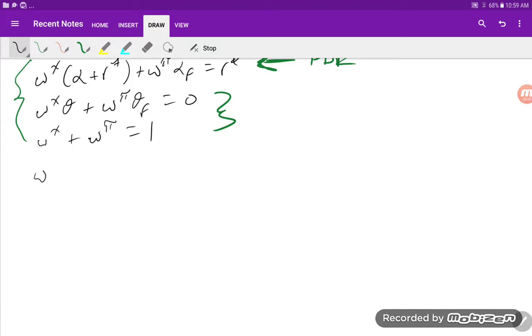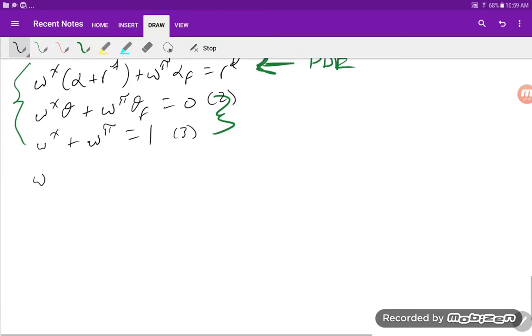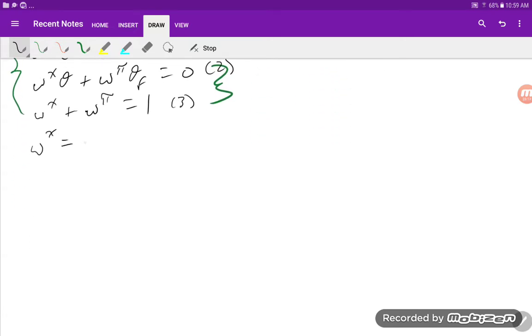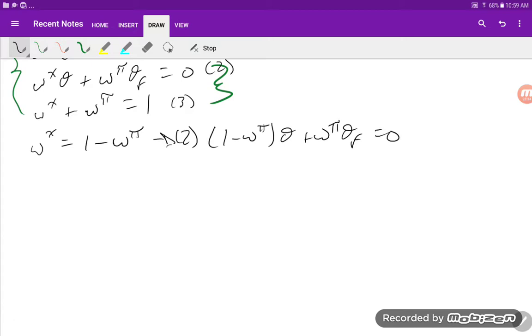So I'm starting with the third equation now. Quickly say Wx equals 1 minus w pi. So now I can plug that into equation 2 and get 1 minus w pi sigma plus w pi sigma subscript f equals 0.